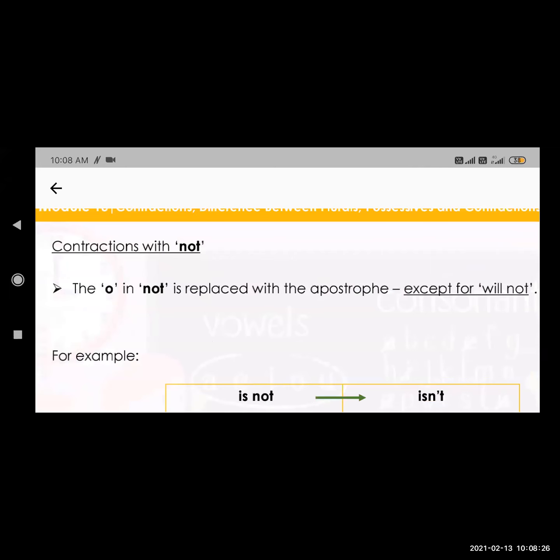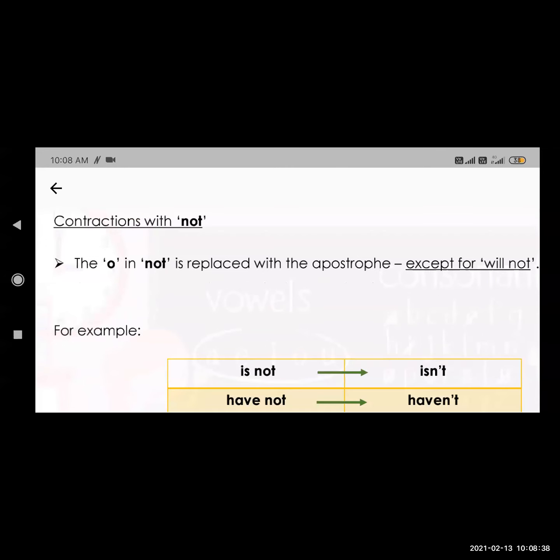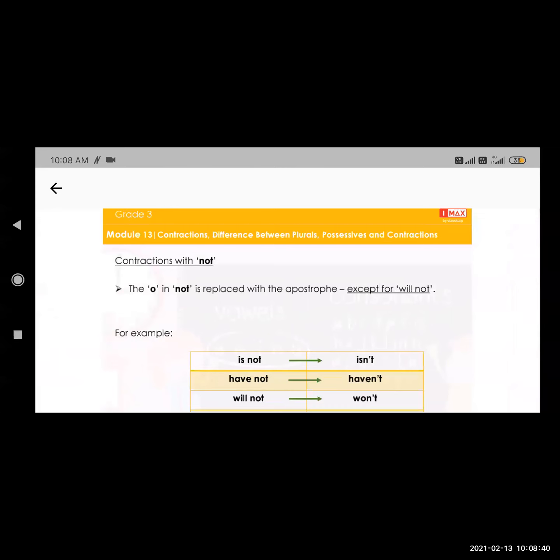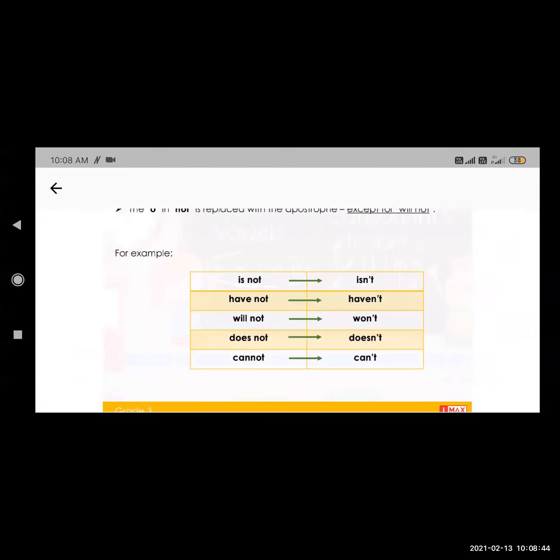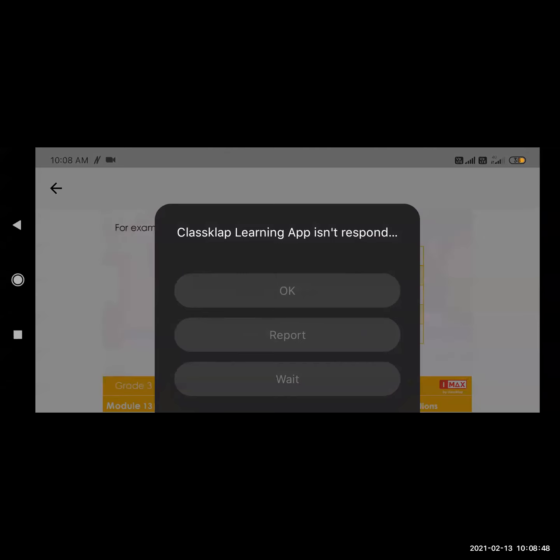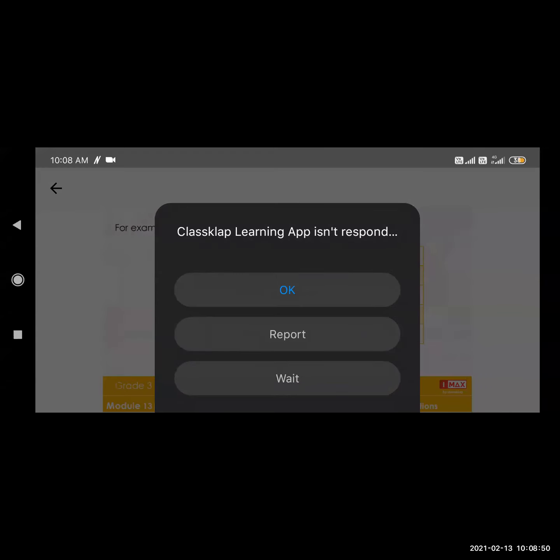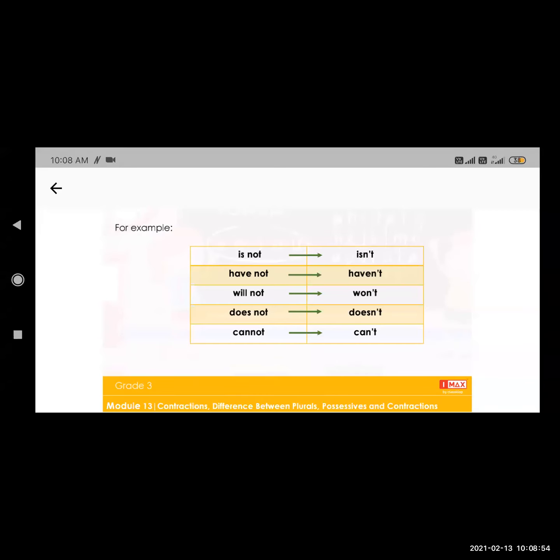Now the contraction of not. The o in not is replaced using the apostrophe, except in will not, which is never shortened in that way.